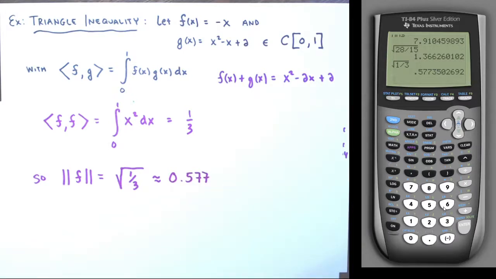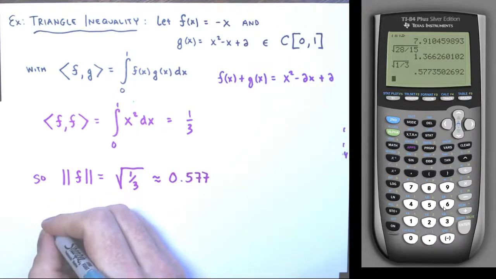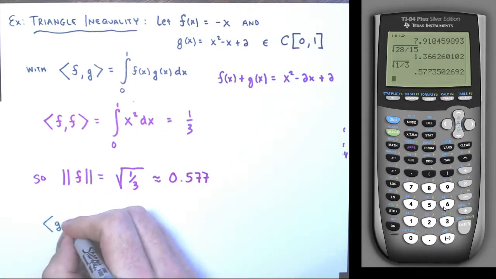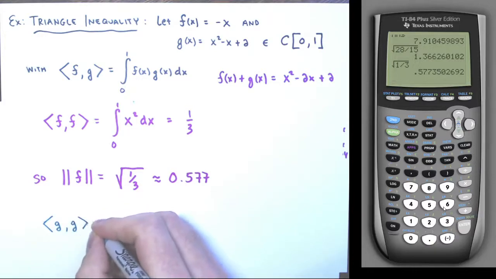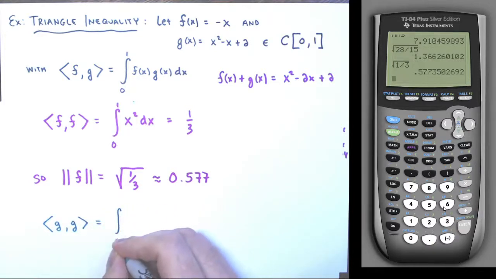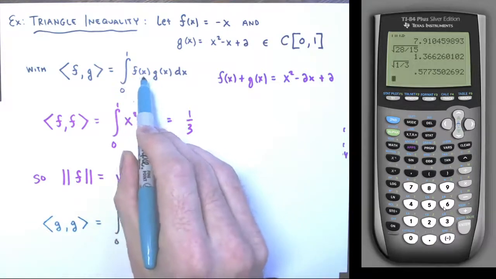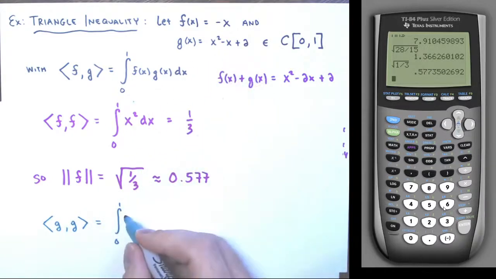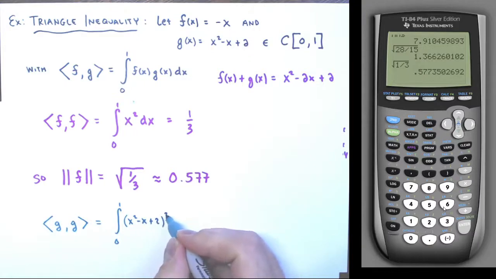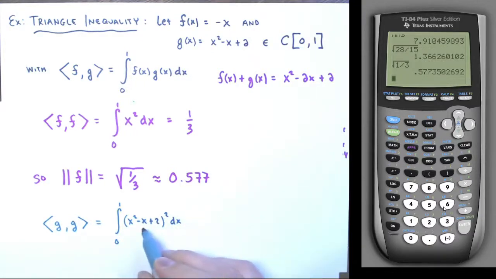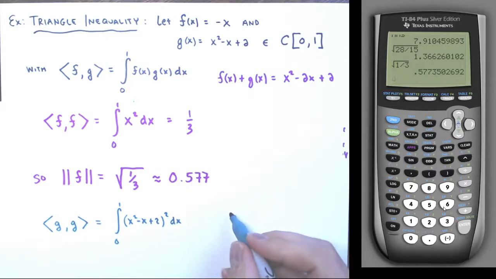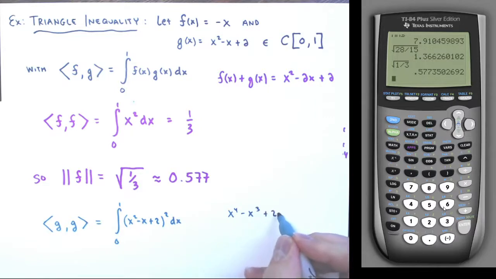Alright, and then for the norm of g, I would first find the inner product of g with g. So this is the integral from 0 to 1 of g squared, so x squared minus x plus 2, squared. And again, I'm going to do this off to the side here. When I distribute the x squared, it'll give me x to the 4th minus x cubed plus 2x squared.